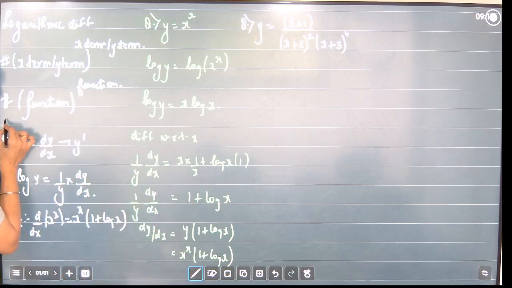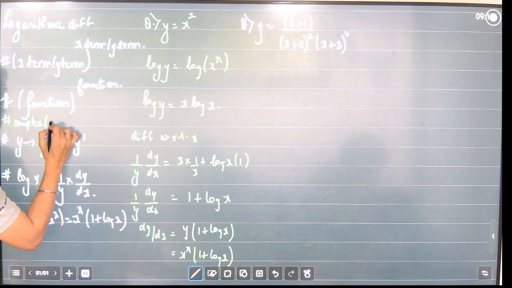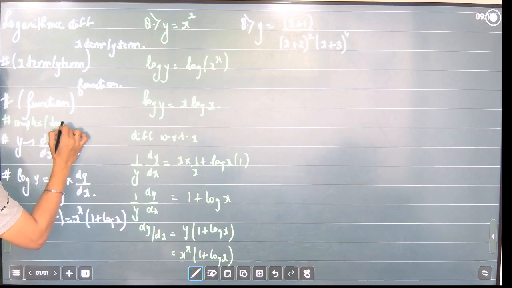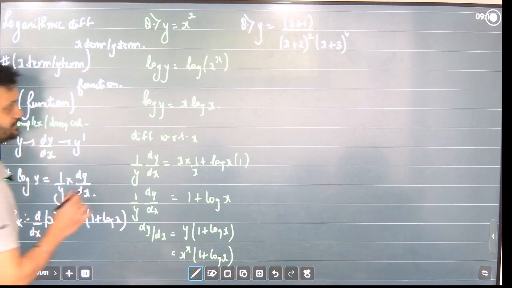So we also remember one thing, that to do complex or long calculation, we use logarithmic differentiation. How? See this.